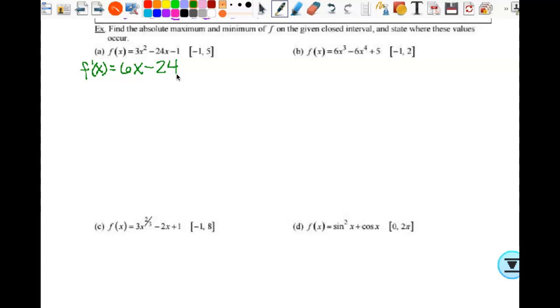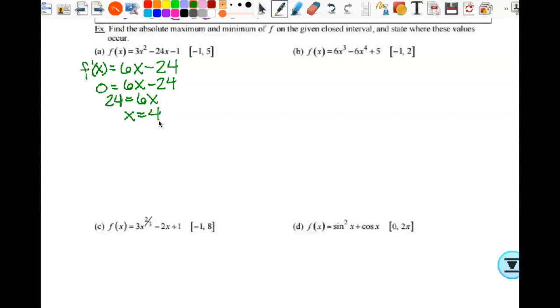Do y'all agree with that? Okay. Then we take the derivative and set it equal to 0 and solve for x. So 0 equals 6x minus 24, so 24 equals 6x, and x equals 4.